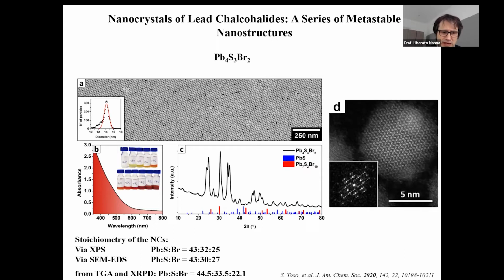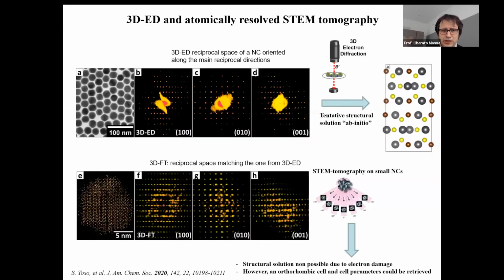So we did XPS, we did SEM-EDS, and then we also combined the X-ray diffraction with thermogravimetric analysis to see all the products of the degradation of this material and to quantify them. And we came to a stoichiometry for this material, which is Pb4S3Br2.